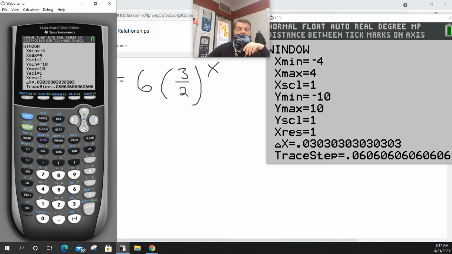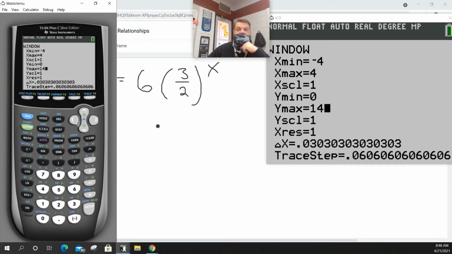And then for my y minimum, I'm just going to put that at 0. And then for my y maximum, I'm going to put that at 14. Oops. I forgot to hit enter, didn't I? So my y maximum is 14.